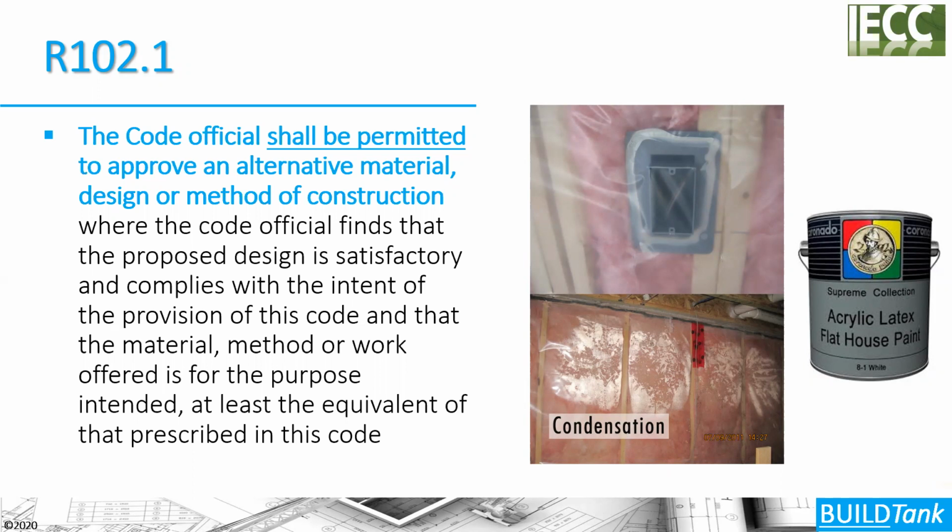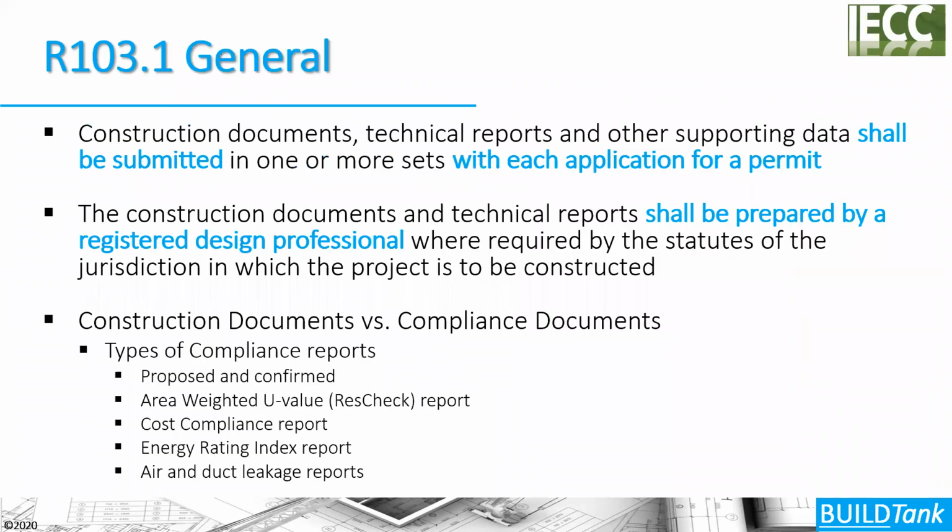So a class 1 vapor retarder we might not want to put into our assembly. So you can go into the jurisdiction and show them alternate materials and methods of construction that can deal with moisture without having the potential of trapping that moisture with the class 1 vapor retarder here. And this section of the code is where you would look for guidance on how to do that.